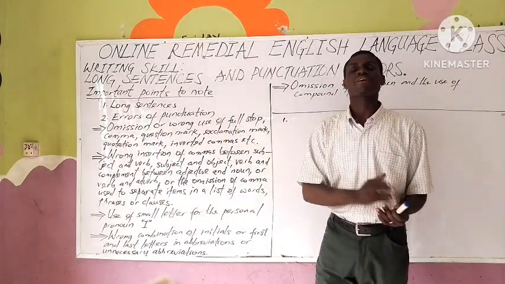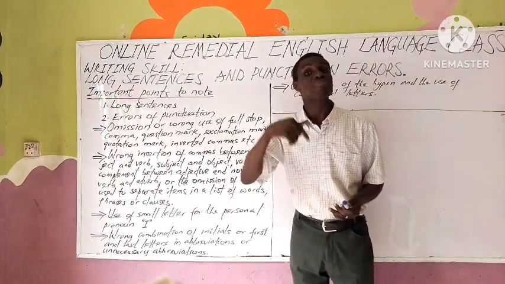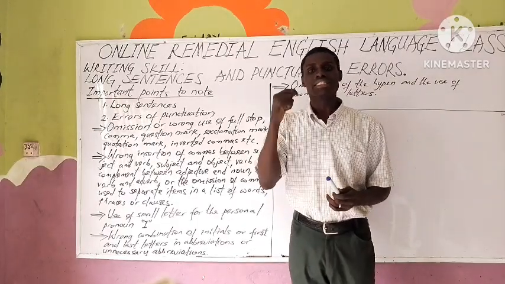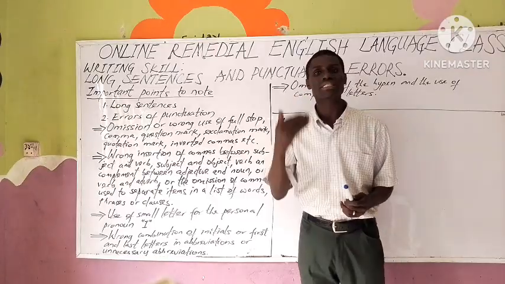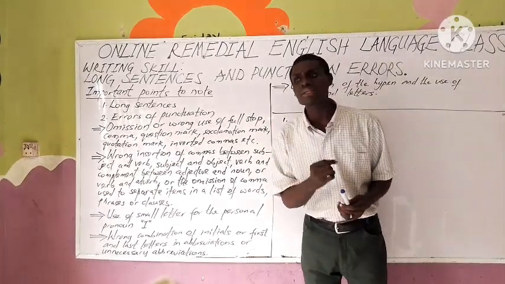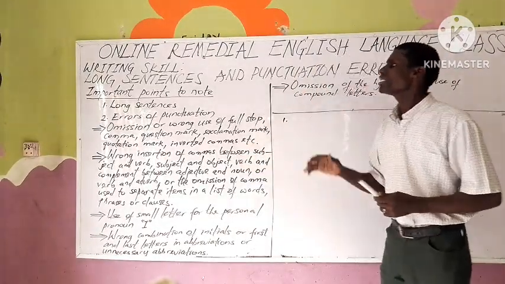That is first. For some people, they abuse or misuse the punctuation marks they are supposed to use in having their sentences punctuated. Now, let's speak more about this problem.